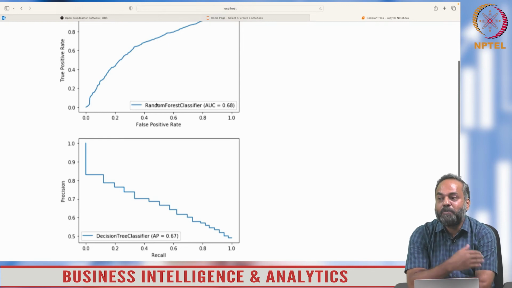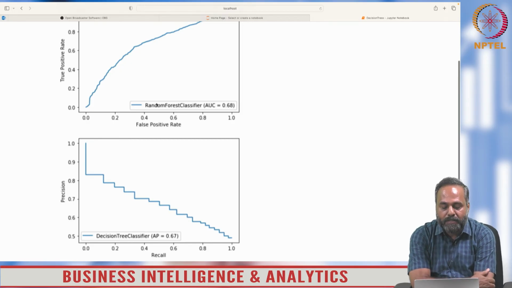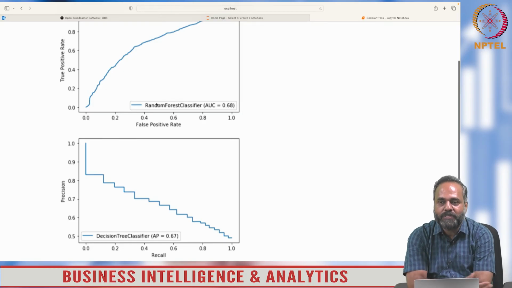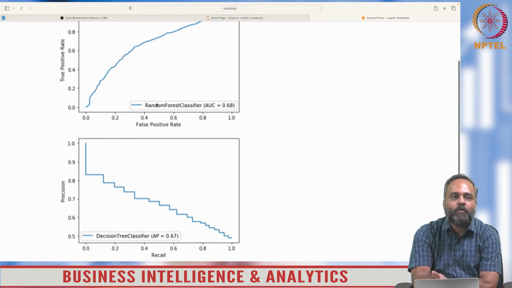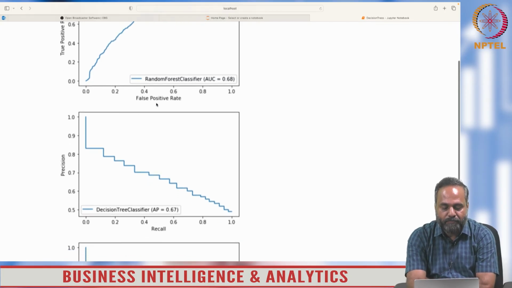False positive is not something that you desire. So when recall has a low value, it shows that you may have some true positives, but a lot of false positives have also come in. So it is increasing your cost and it's not desirable.